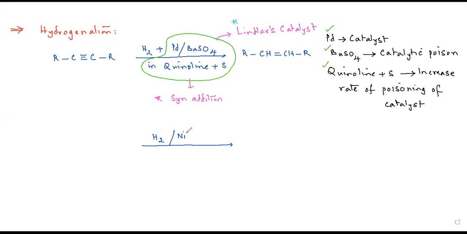Same hydrogen, addition of hydrogen using a catalyst, nickel boride. Nickel boride is of course called P2 catalyst. I can tell you that this is the P2 catalyst. Even here we get the same product.